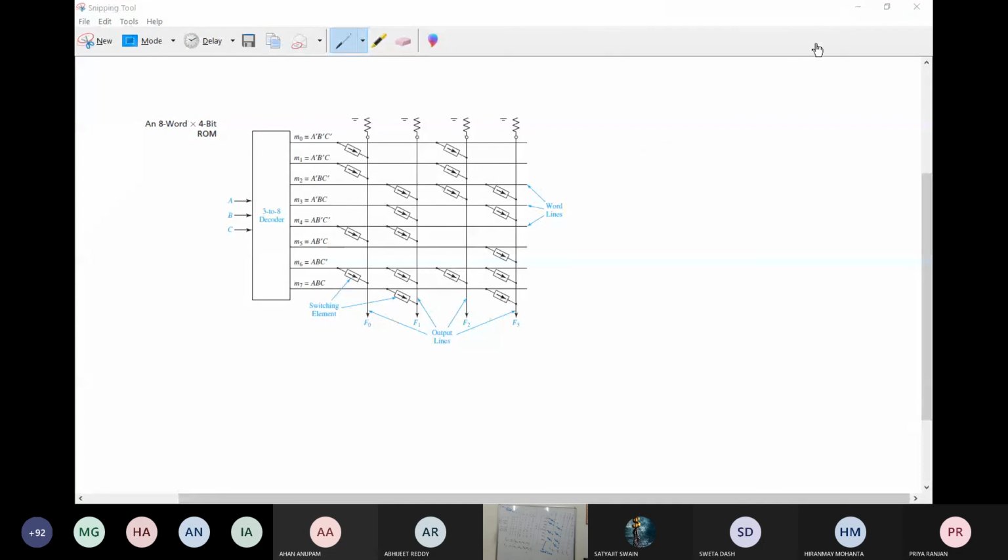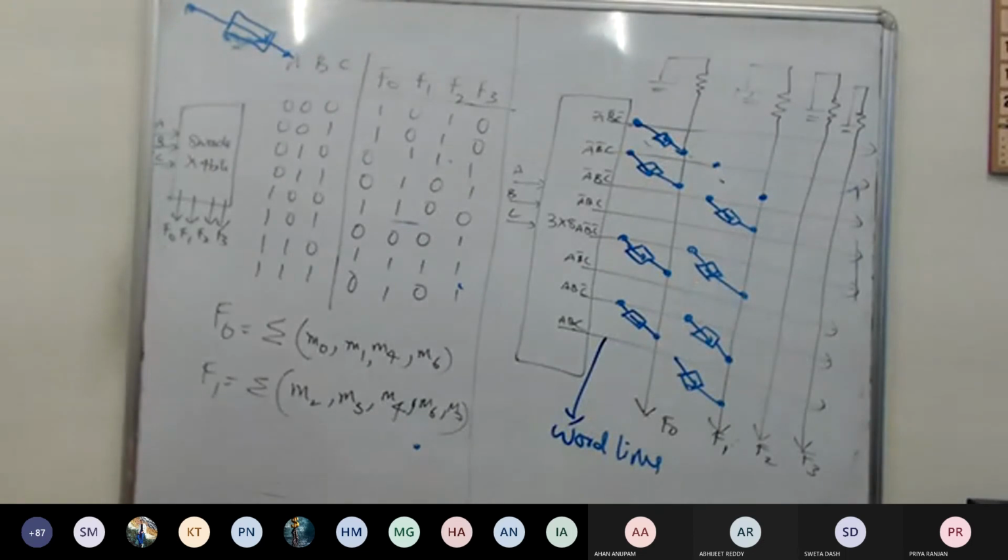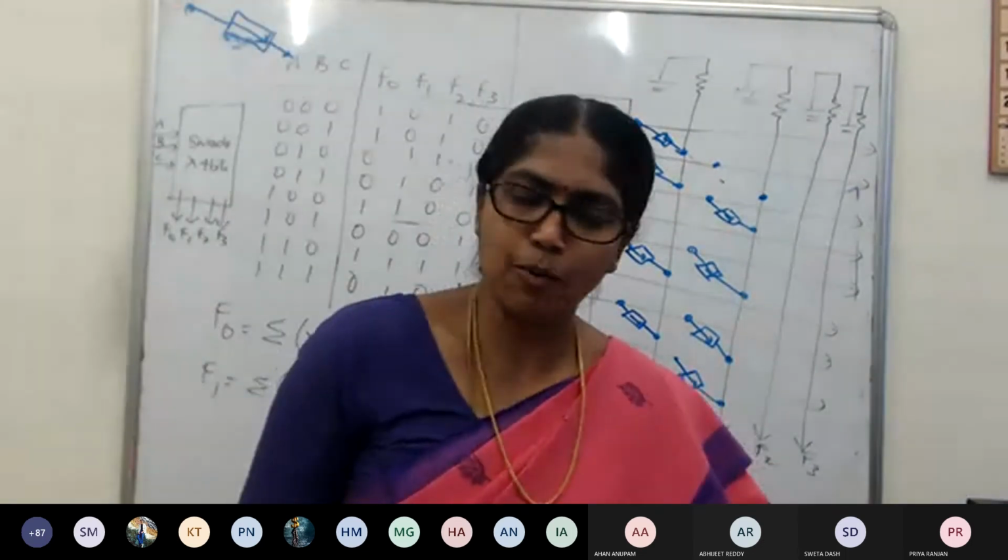So, this is what your design for ROM is. Happy? Any questions in this? If you want to ask, otherwise I'll teach the next one. No problem.